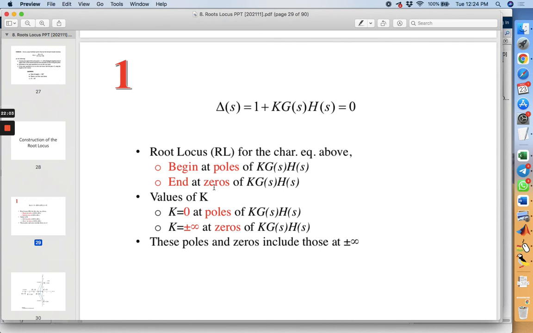And as you can see from the examples of the camera and motor system, the value of K is 0 at poles, and the value of K becomes infinity at zeros. These poles and zeros include those at plus minus infinity. But for the scope of our linear control system, we only consider where we have the value of K at infinity.